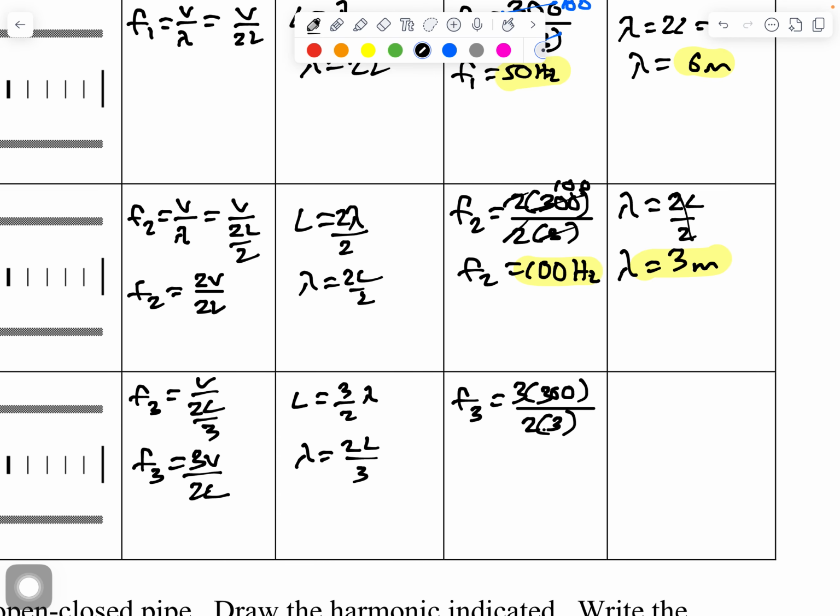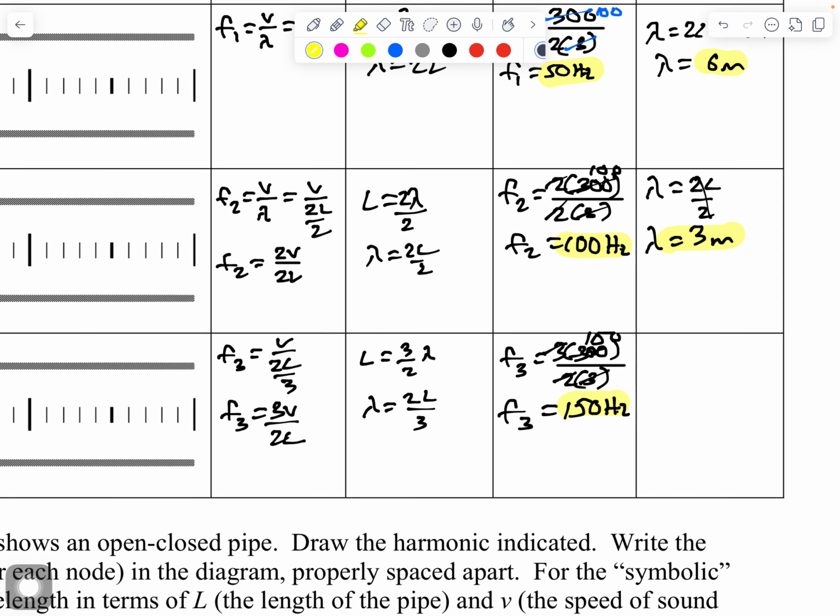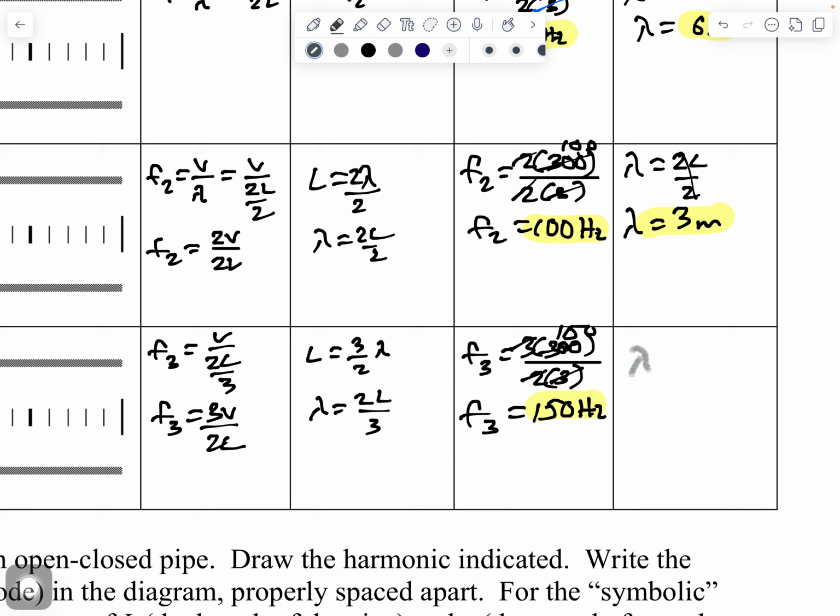Yeah, we could do this a couple ways. 3 cancels with 3, and then 2 goes into 300 150 times. Right, very predictable pattern, just exactly what we said it would be. You should be able to figure out that the fourth harmonic would be 200 hertz, the fifth one 250, and so on. Now the wavelength in this case is 2L over 3, or 2 times 3 over 3. The 3's cancel, so the wavelength is 2 meters.